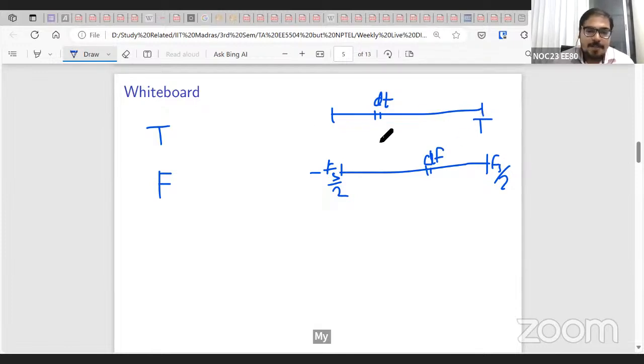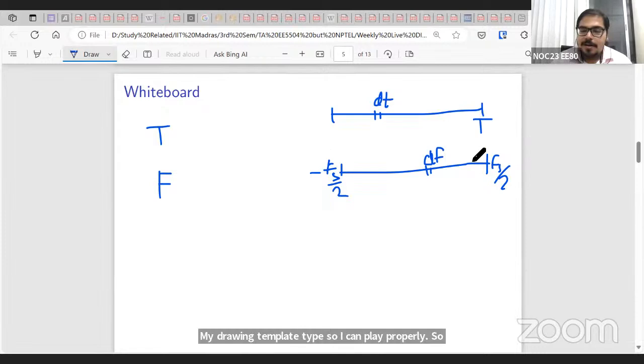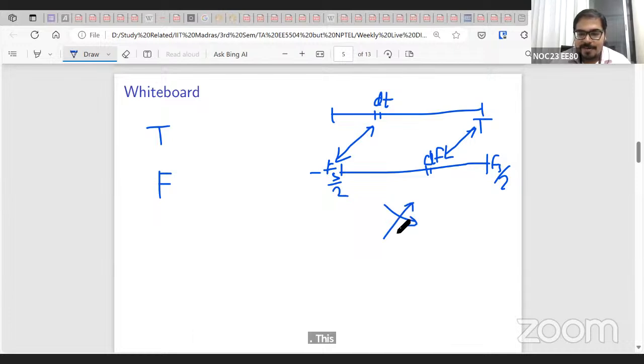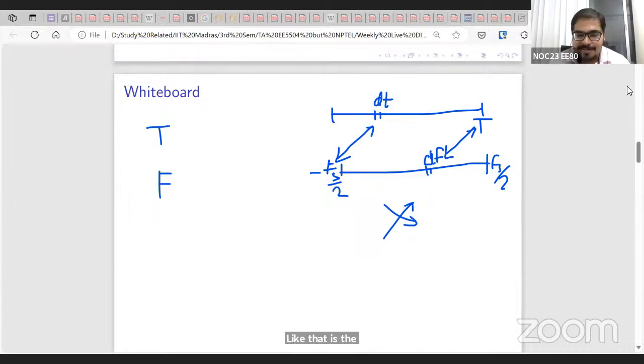So basically, what is the extent of your frequency domain signal that is captured by this? What is your time domain resolution? Time domain resolution gives you frequency domain range, and time domain range gives you frequency domain resolution. There is this kind of a relationship. That is the deal with FFT that you need to remember. That's all.